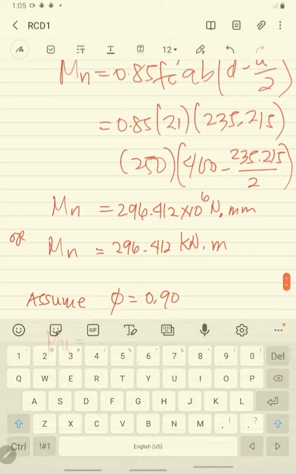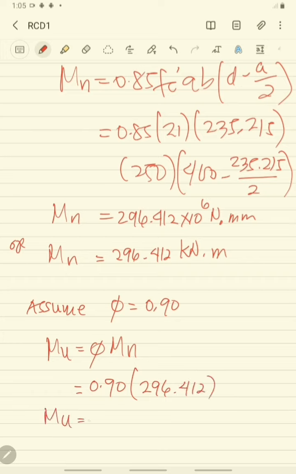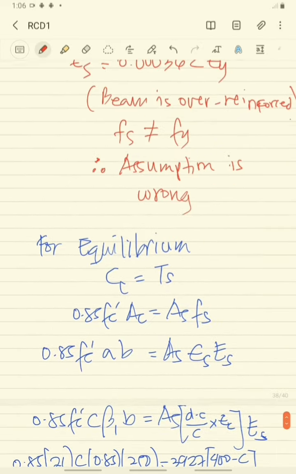So the ultimate moment capacity is the reduction factor times the nominal moment capacity: 0.90 times 296.412. So you have 266.771 kilonewton meter.